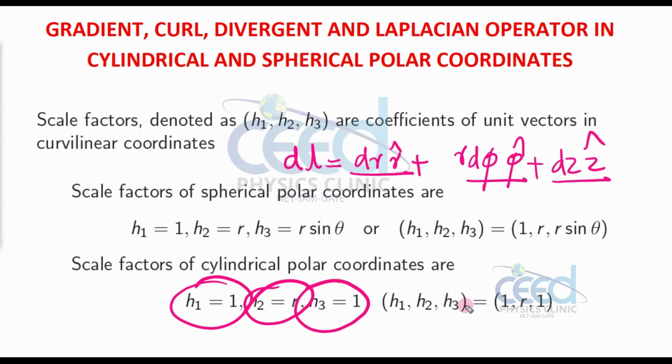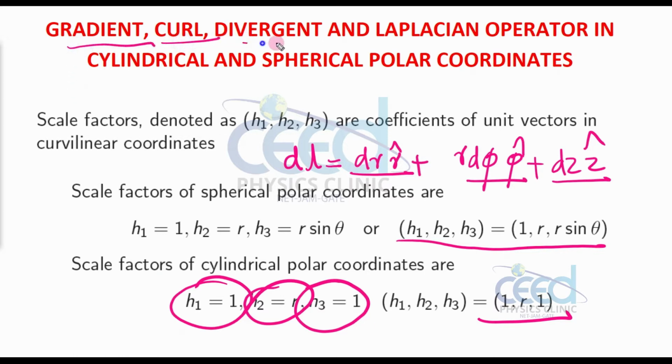So h1 h2 h3 is 1, r, 1. In spherical polar coordinates h1 h2 h3 is 1, r, r sin theta, and in cylindrical polar coordinates it is 1, r, 1.